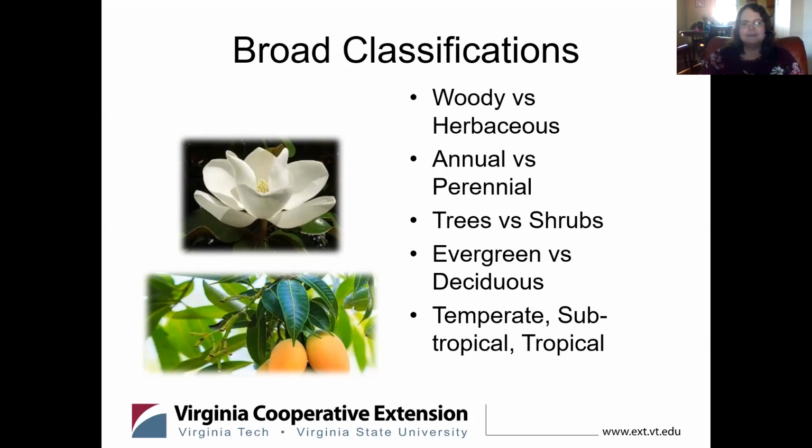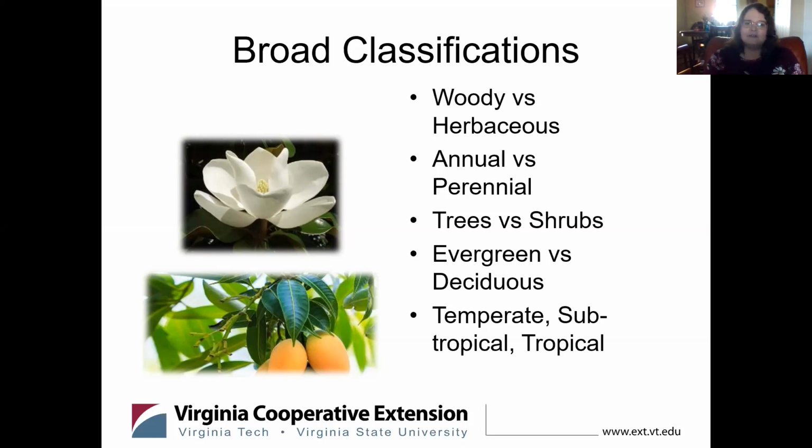Sometimes if you're around the Chesapeake Bay, you can get it to grow too. Maybe a little bit into Long Island, I should say, maybe a little bit up that way too. But native to more warmer parts of the East Coast of the United States. And it has a very pretty flower like that, humongous flower. You can almost hold it in your hand depending on the cultivar you're growing.